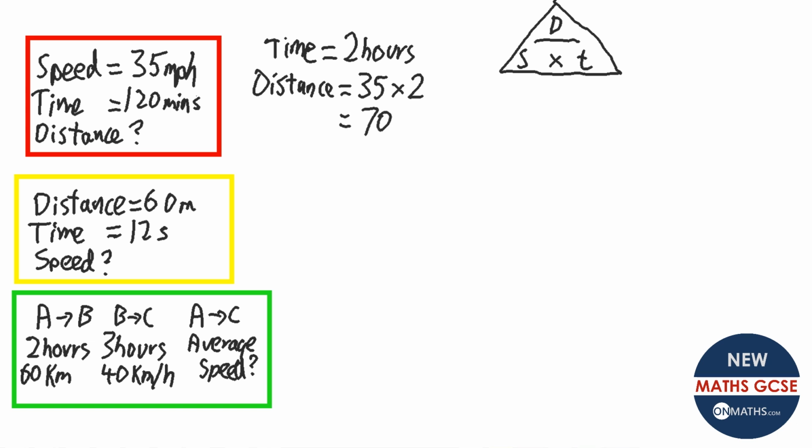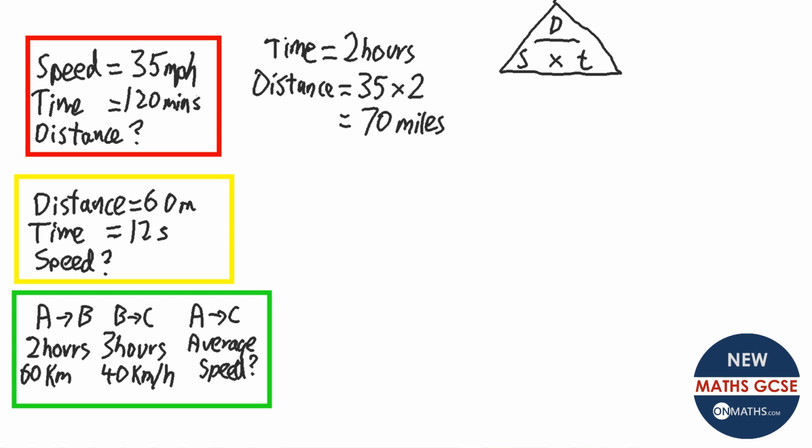Units are given to us in the speed. The speed says miles per hour, so it's going to be 70 miles. Now this would normally be in the context of a distance time graph or a worded question. I've taken the numbers out of what would be a worded question, so always look for speed, time, distance. You'll always be given two of them or a way of finding out two of them.